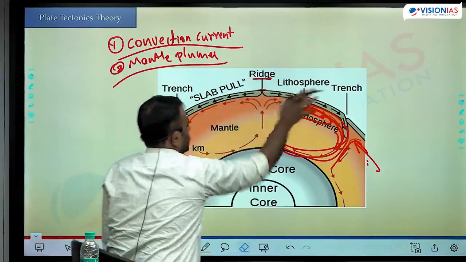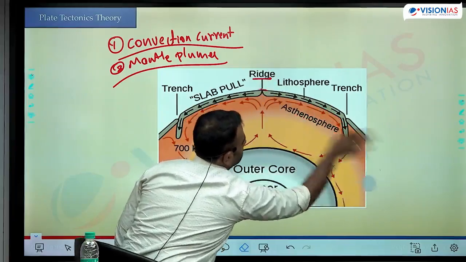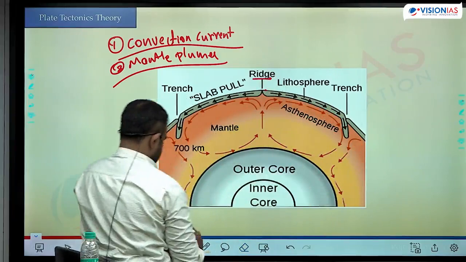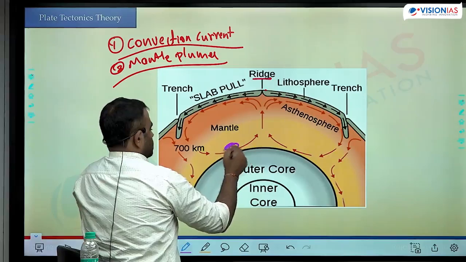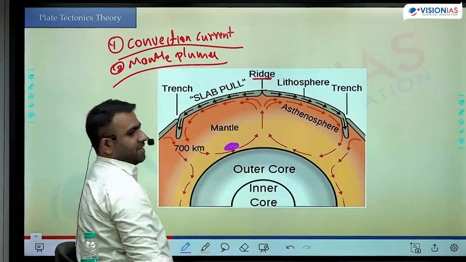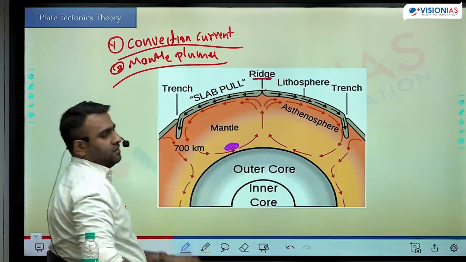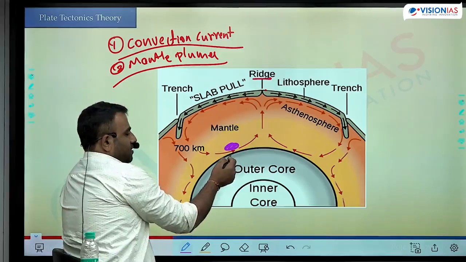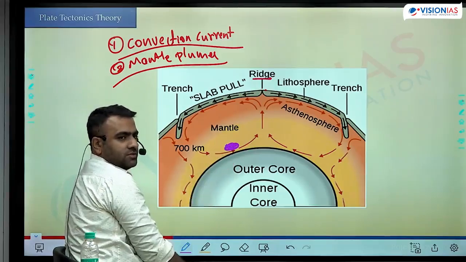Mantle plumes are like jet-like plumes of magma. Okay, so it gets generated from the lowermost part of the mantle. If the heat generated from the outer core gets transferred to the mantle, it melts the rocks.